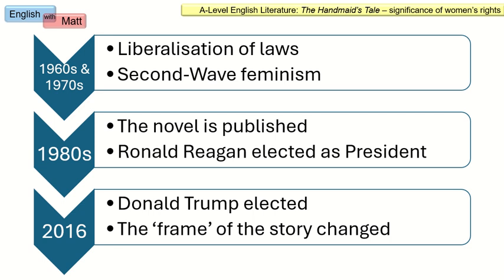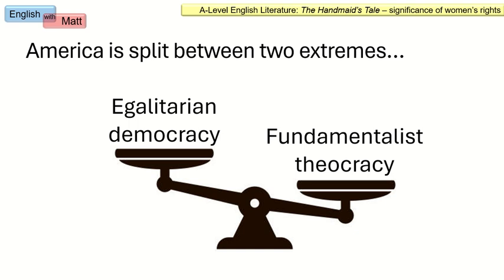America as a country is always split between two extremes. It's either going to be a democracy based on equal rights, or egalitarian, or it's going to be seen as a fundamentalist theocracy. It actually began as a fundamentalist theocracy through Puritanism in the 17th century. That's where its heart is. And it's flipped between these two varying forms of society or government throughout the centuries.